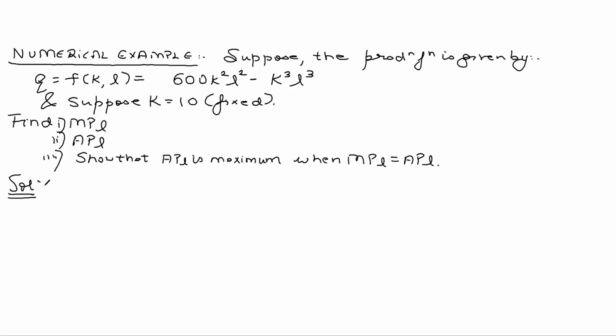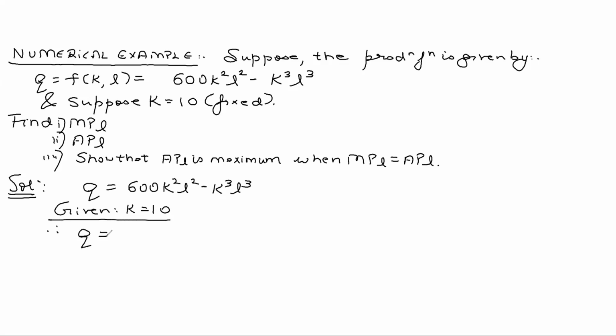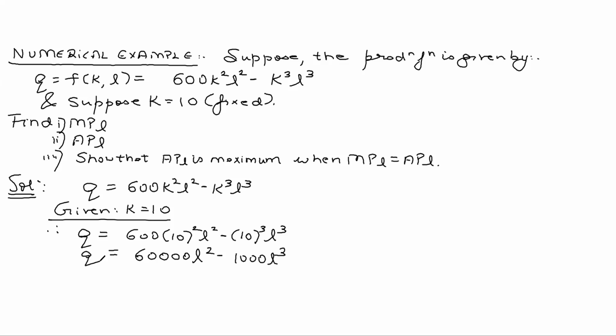So guys, let's look at the solution. We are given the production function 600 K square L square minus K cube L cube, and we are given that K is equal to 10. So putting this in the production function, it becomes 600 into 10 square L square minus 10 cube L cube, which is 60,000 L square minus 1000 L cube. This is my Q. Okay.